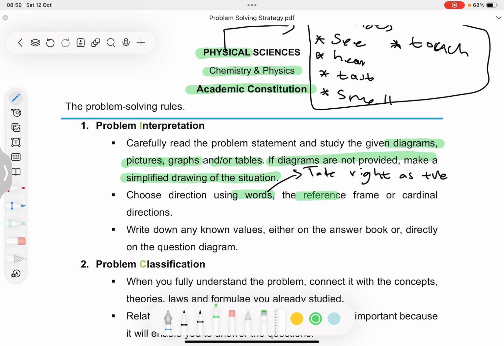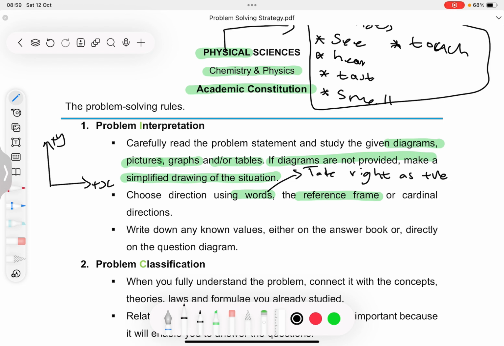The other way to choose a direction is to use a reference frame. A reference frame is a Cartesian plane made up of the x-axis and the y-axis.